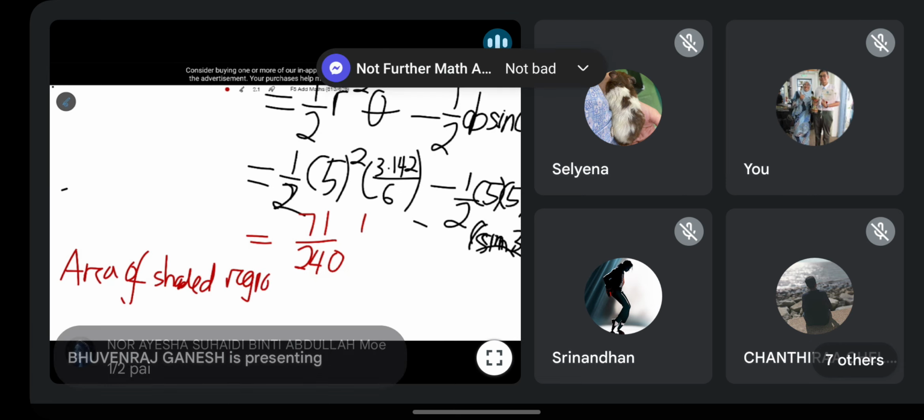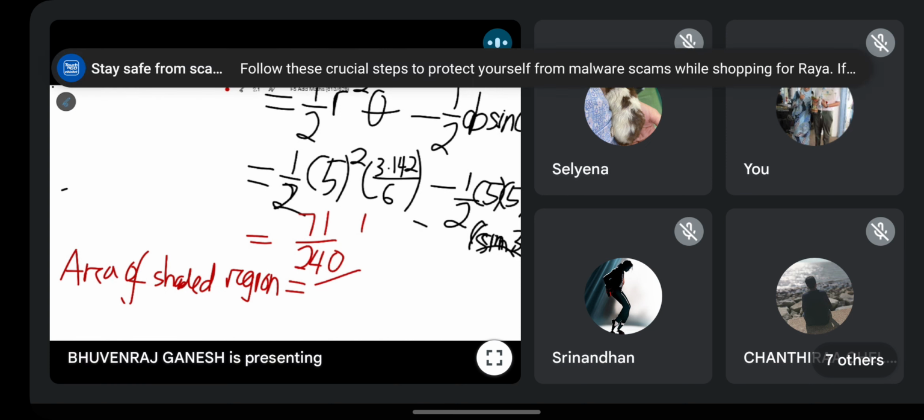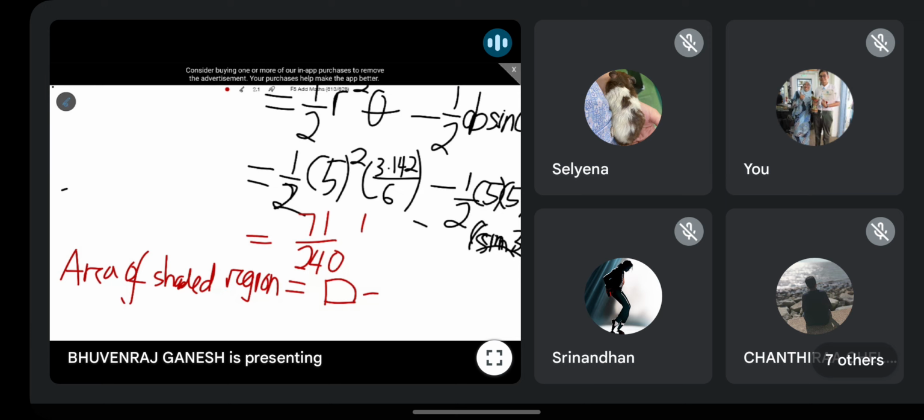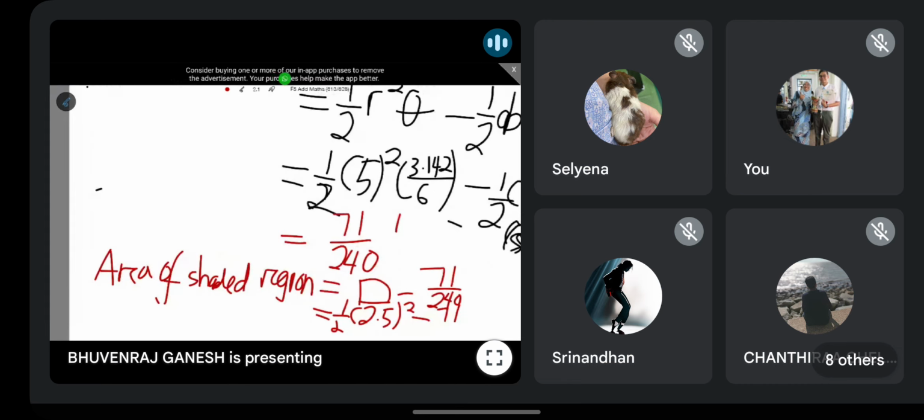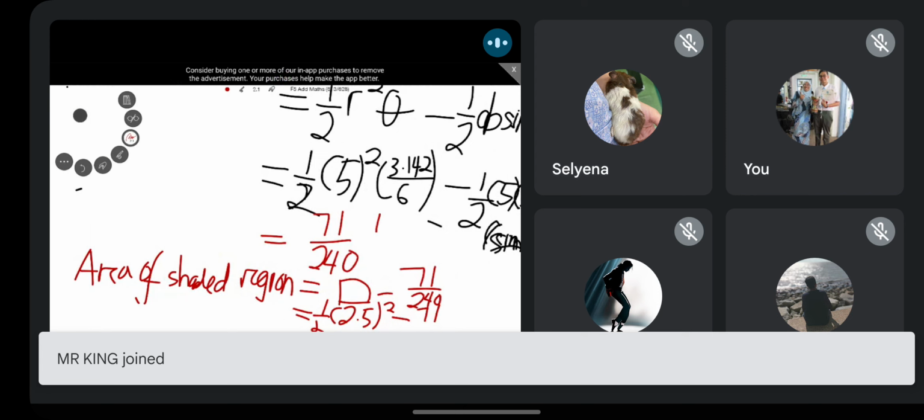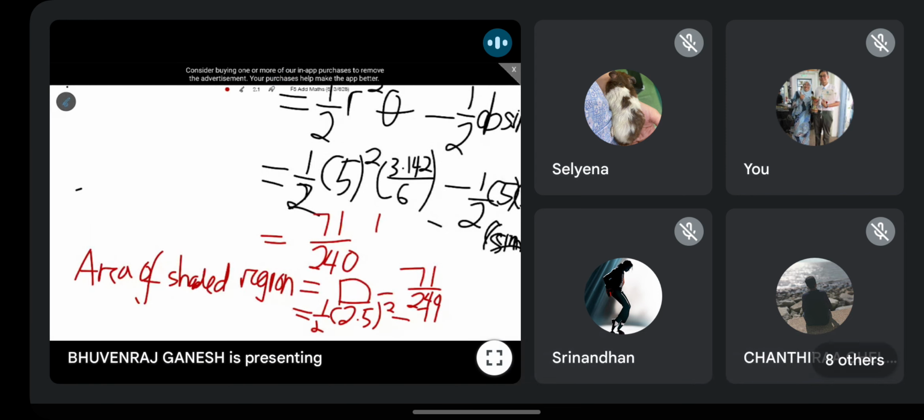Okay, so that easier for you. Okay, so shaded region, kamu ambil, sorry, not sector. Kamu ambil quadrant, tolak dengan 71/240 nilai tadi. So, you got setengah 2.5 kuasa 2 tolak 71 over, you will take, wait, 71 over 240.